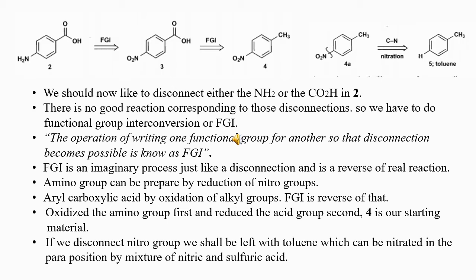There are 2 disconnections possible. Either we can disconnect NH2 or we can disconnect the carboxylic acid group. But if you think logically, either of these disconnections will not give good reactions.